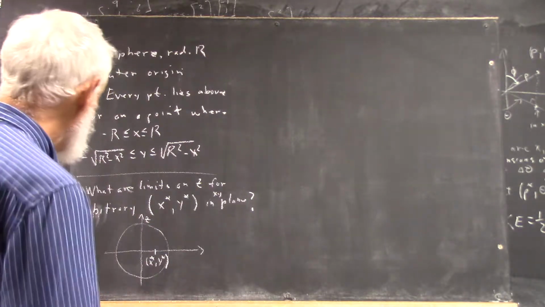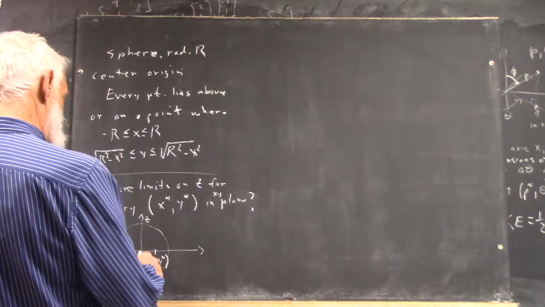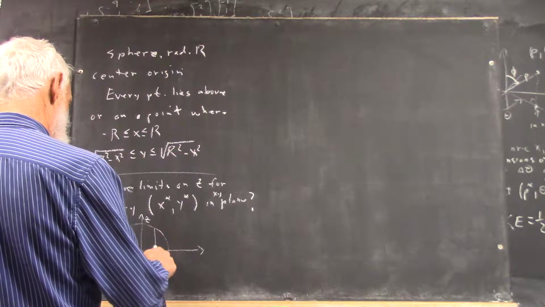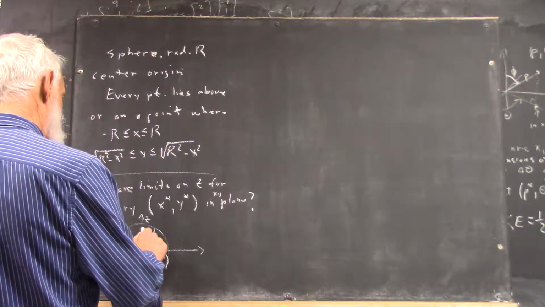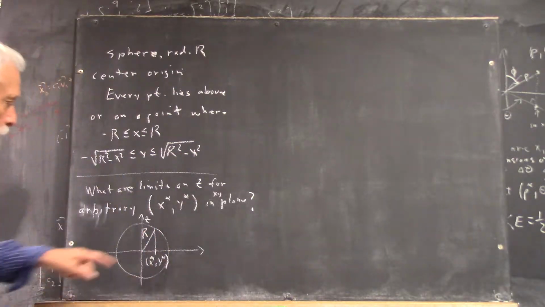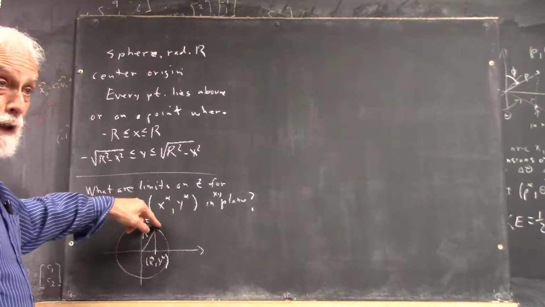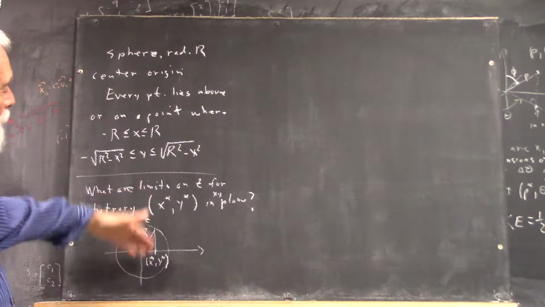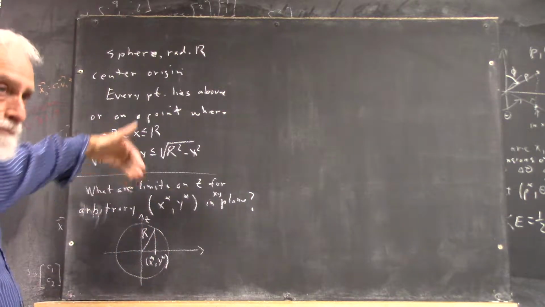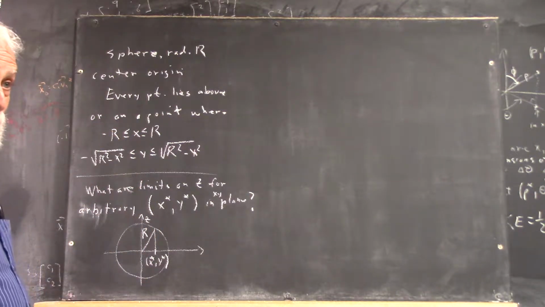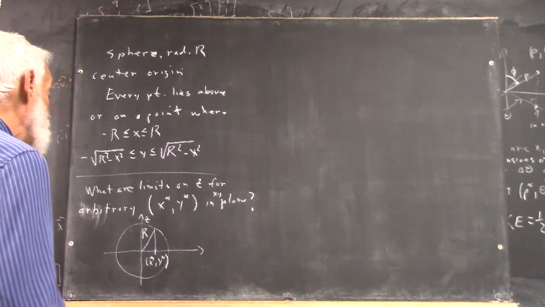All you have to do is ask yourself now, let's see, we can form a triangle here, and we know this side is R, so all we got to do is find this side, and now we know how high we got to go before we hit the edge of the sphere, okay? The boundary of the sphere.